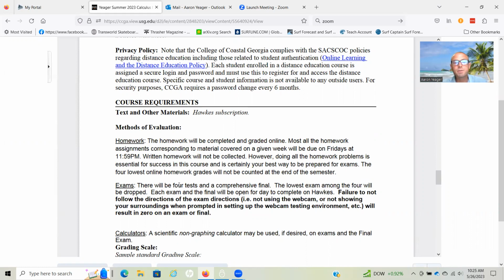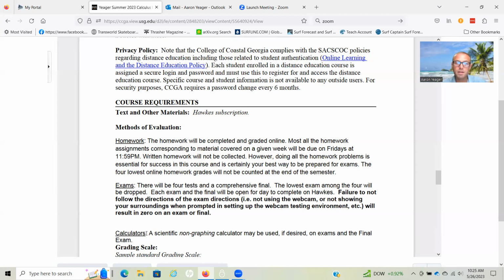Then there are going to be 4 tests and 1 comprehensive final. The lowest exam among the 4 is going to be dropped. Since everything's online, when setting up the webcam, there has to be a surrounding video where you show what's on your desk and everything. For the exams, you can use a calculator if you want, but you won't need it for most things.